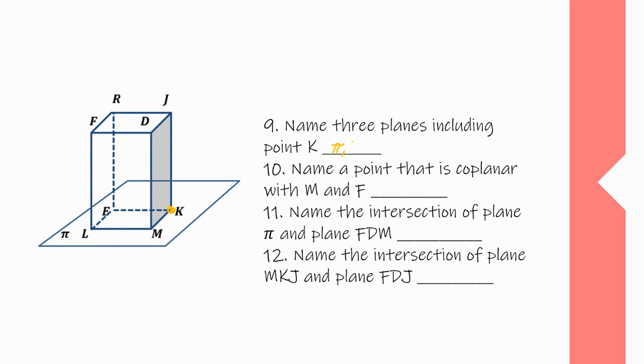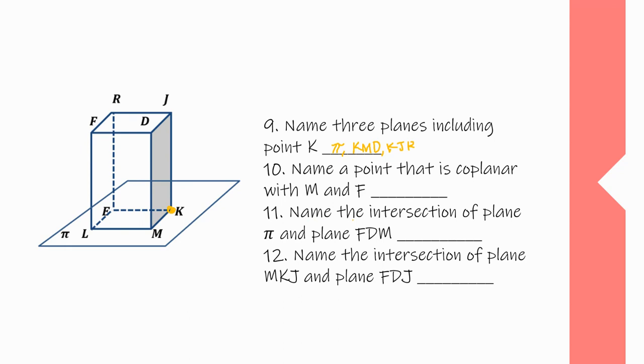Remember, we can name a plane by 3 points. So let's name that K, M, D. And it is also a part of the back of our shape, which includes K, E, R, and J. So let's just pick a couple of those: K, J, R.